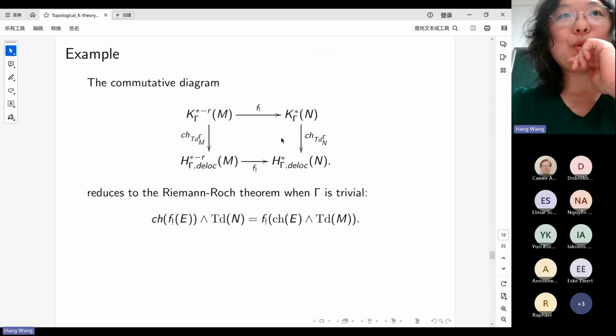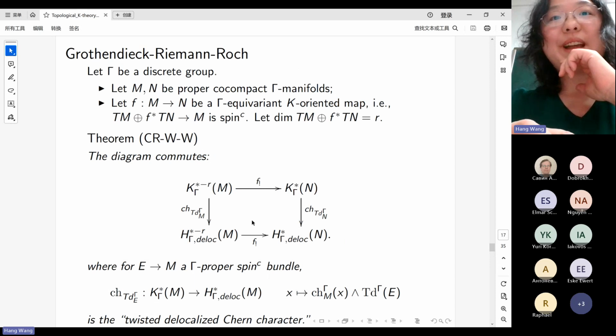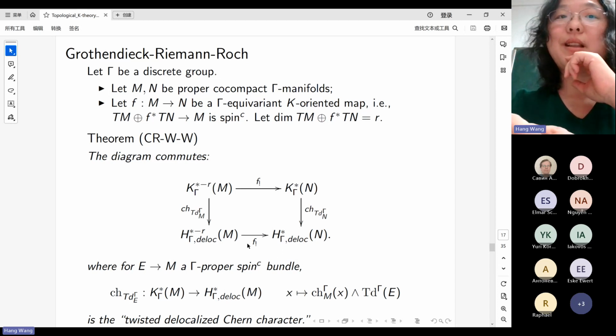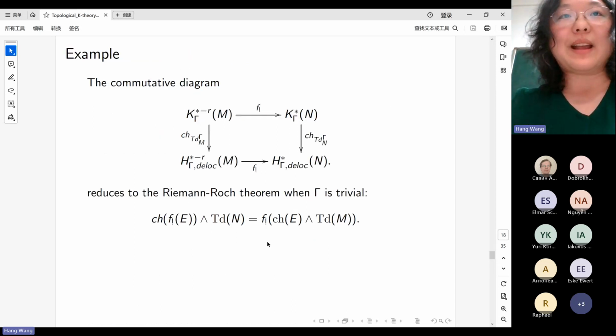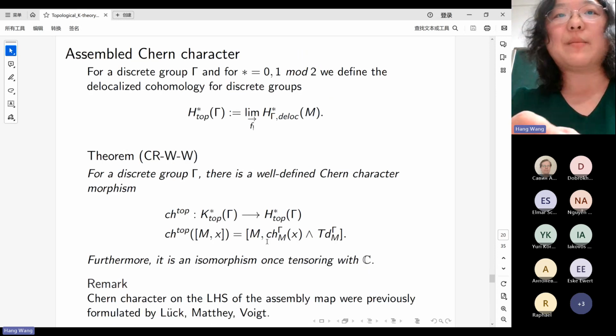So with our commutative diagram, we can say that if we take the inductive limit on the K-theory and also the inductive limit on the level of cohomology, there is a well-defined map going from the topological K-theory for gamma to the cohomology for gamma.